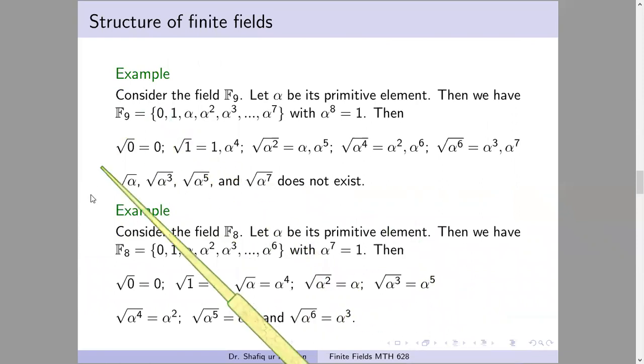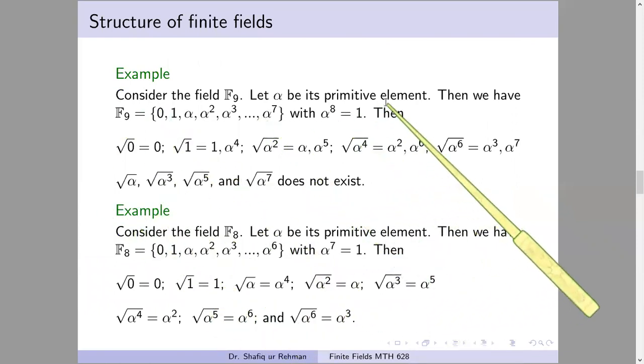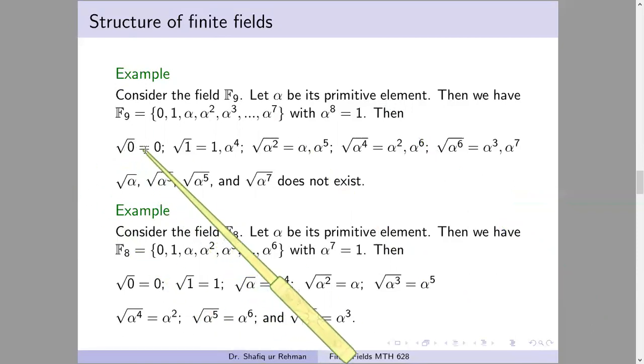Similarly, see in this example, consider the field F9. If we write the elements with the help of a primitive element, F9 will consist of 0 and the remaining elements form a cyclic group of order 8. Alpha has order 8. Then the square root of 0 is 0.